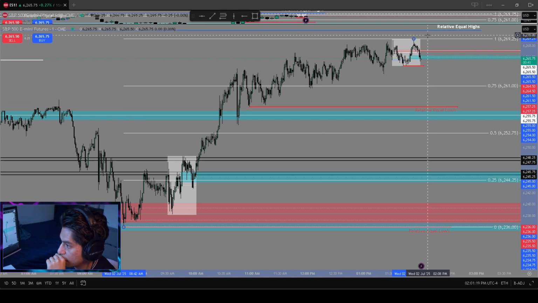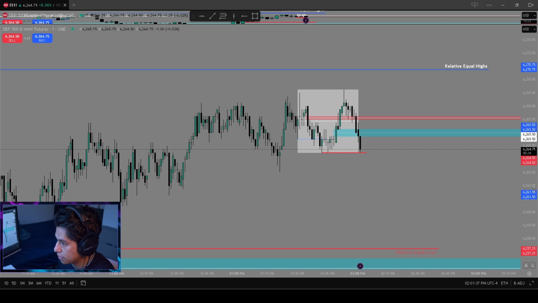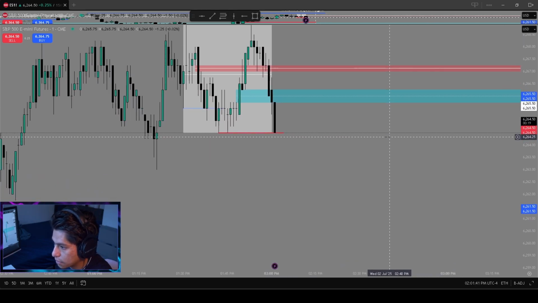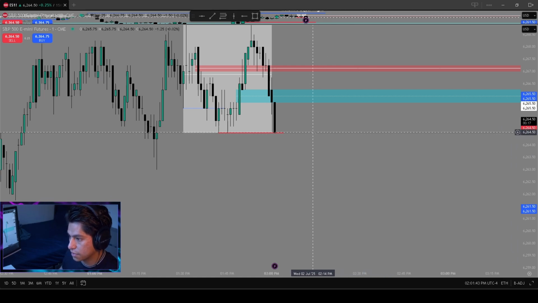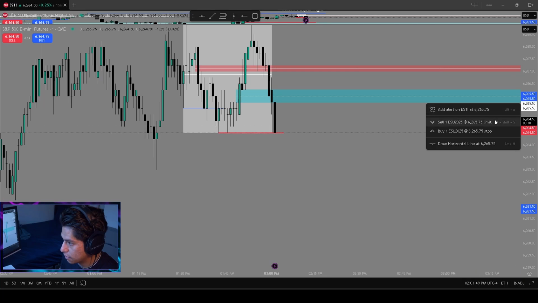So I see 25% off, 50% off, 75% off from this side to this. Okay, so it does look like we want to take out that low. So I do want to wait for the next two candles to see if we make a red fair value gap, but I am going to place a trade around right here.